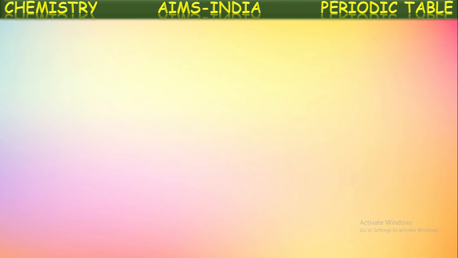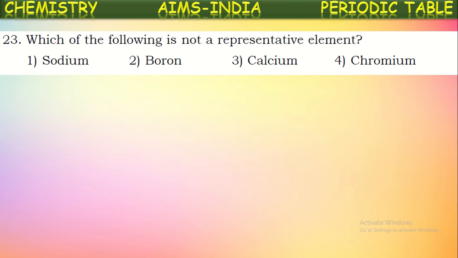Next one. Which of the following is not a representative element? Representative elements means the elements which belong to s block and p block. Except noble gases, the remaining elements of s block and p block together are called representative elements.